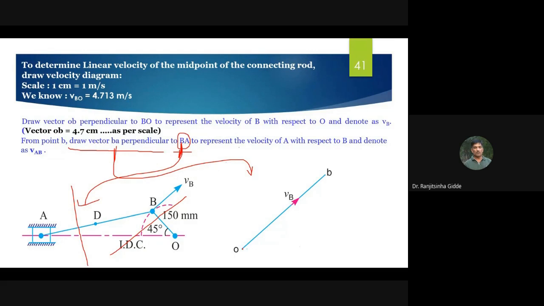Perpendicular to BA to represent the velocity of A with respect to B, and denote it as VAB. So you are going to draw one vector like this.